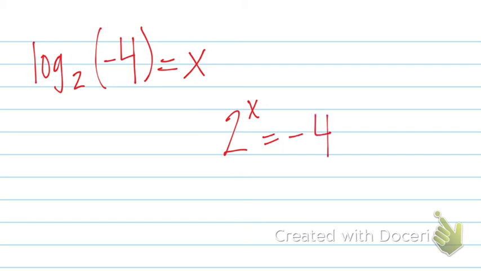Now, right here, is there anything that I can do where I'm going to get a negative number? The only thing I can do is put something in the exponent. I can't put a negative number in the exponent. It don't work like 2 times -2. So this has no solution.